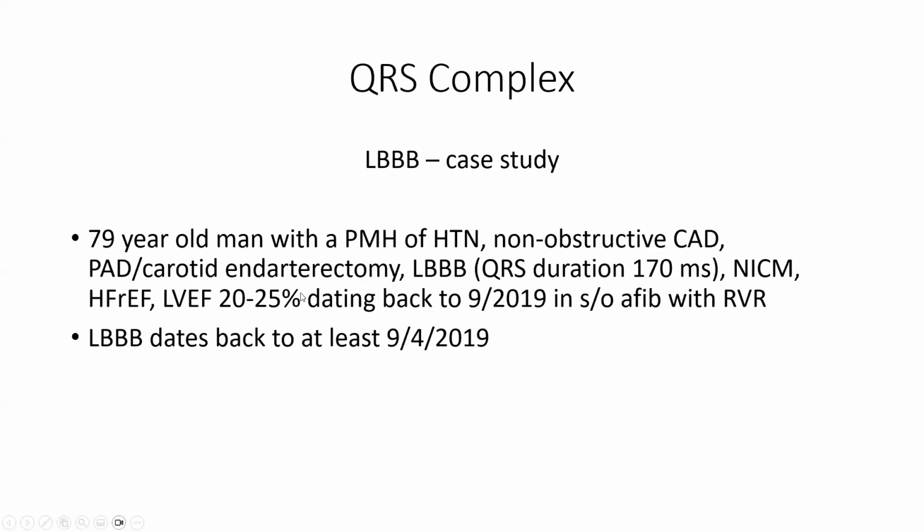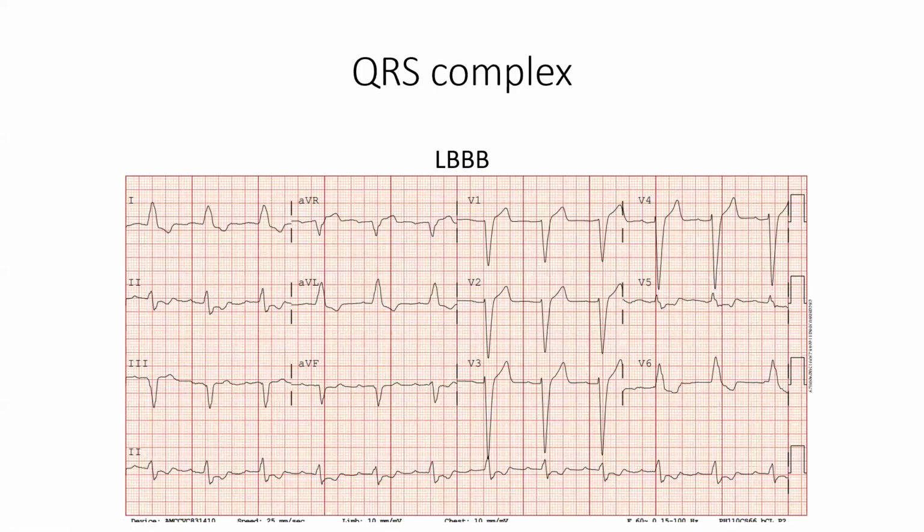Non-ischemic cardiomyopathy with a low EF. And that left bundle branch block dates back to at least September 2019. And here's his EKG. Again, using the turn signal method in V1, the first deflection is down, so we're turning left. That's a left bundle branch block.